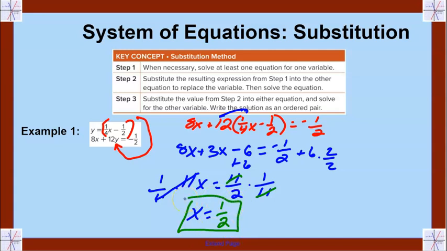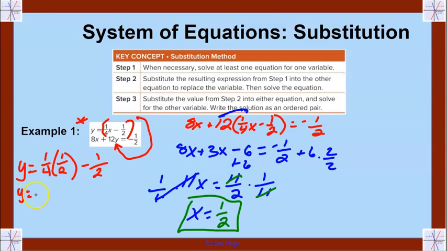Now I'm going to substitute half in for x in one of the two equations so I can find my y. Since I'm trying to find my y, I'm going to use this top equation. It doesn't matter which one I use, I'll still get the same answer, but I'm going to use the bottom one because that allows me to do fewer steps. So y equals 1/4 times 1/2 minus 1/2.